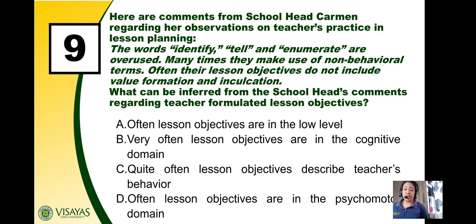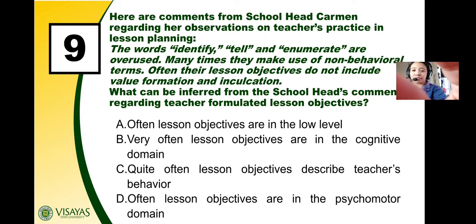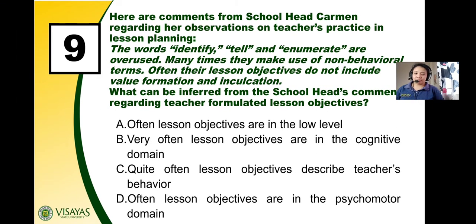A. Objectives are in low level. B. Very often, lesson objectives are in cognitive domain. Letter C, quite often, lesson objectives describe teachers' behavior. Or letter D, often objectives are in psychomotor domain.